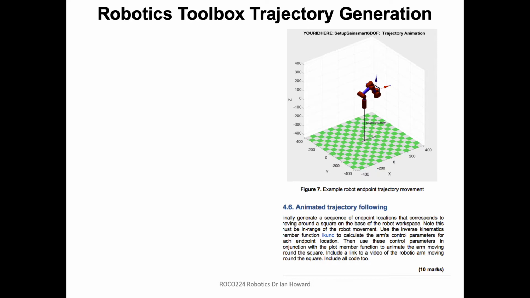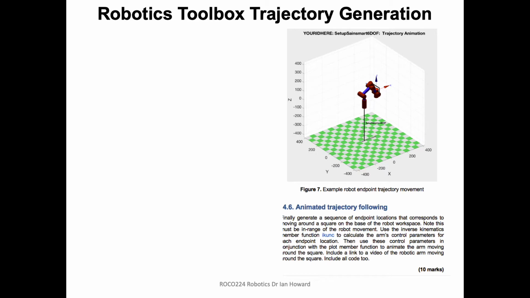So one way of getting this robot simulation to do that is to say, I'm going to calculate my trajectory path in advance. And then I'm going to use inverse kinematics, and there's an inverse kinematic function as a member function of the robot system that you can use, which will then, given the endpoint, tell you what the control variables are.